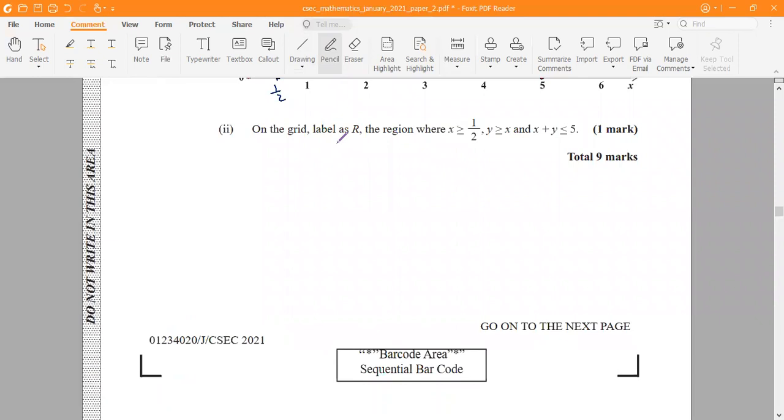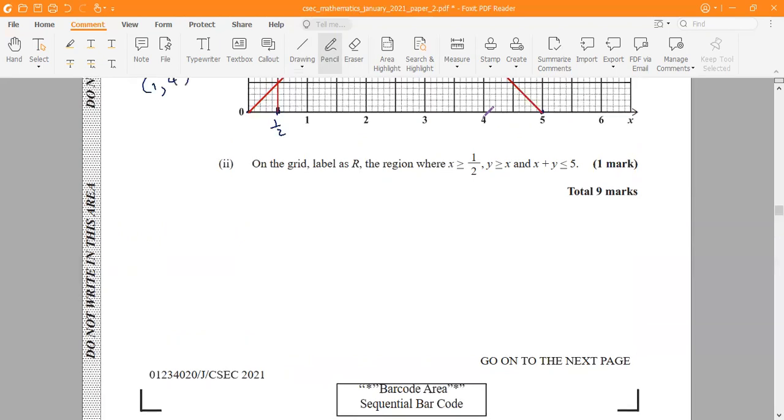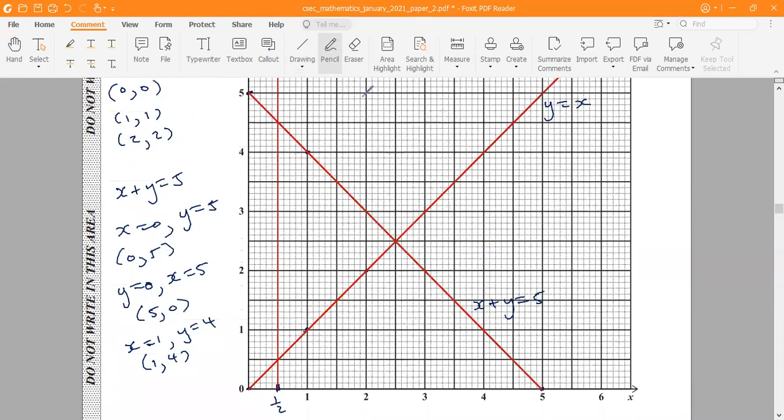On the grid, label as R the region where x is greater than or equal to 1/2, y is greater than or equal to x, and x plus y is less than or equal to 5. So that region happens to be here, this triangular region, which I'm shading.